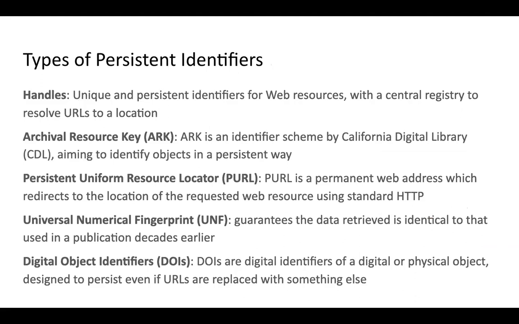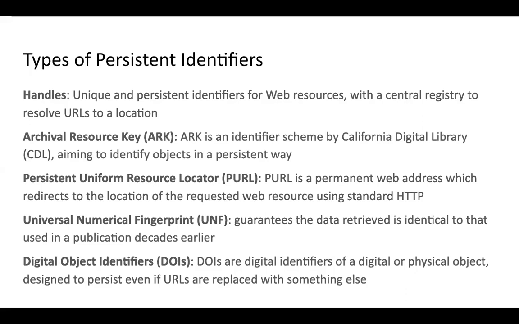So there are a few types of these persistent IDs, and you may have heard of ORCID IDs, which are persistent identifiers for researchers. And then DataCite is an organization which assigns DOIs for our data sets. So I'm not going to go into a lot of detail here. I mostly included this slide as a reference for you to know that there are different PIDs out there, such as handles, archival resource keys, persistent uniform research locators, universal numerical fingerprints, or UNFs.